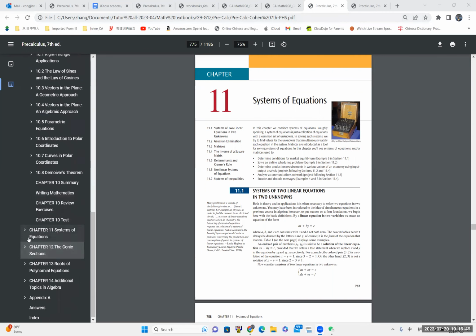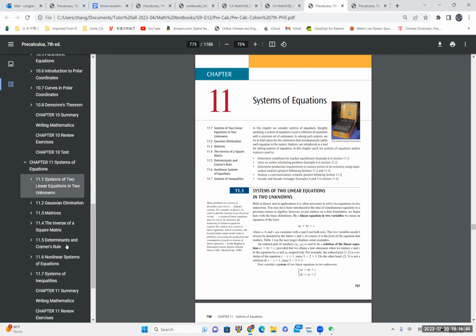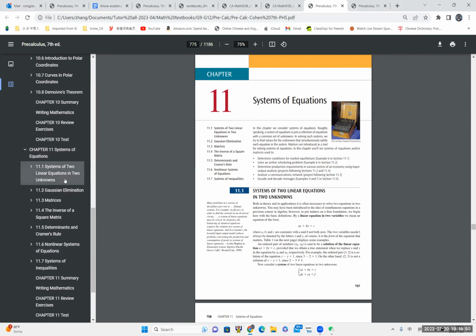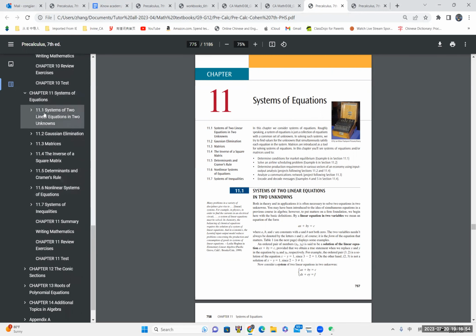Chapter 11, system of equations. So 11.1 is what we are familiar with, right? Two equations, two unknowns. Then when we go to sections 11.2, 11.3, we'll talk about more unknowns, more equations.